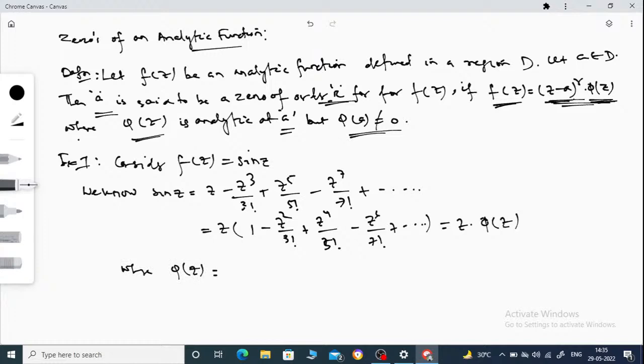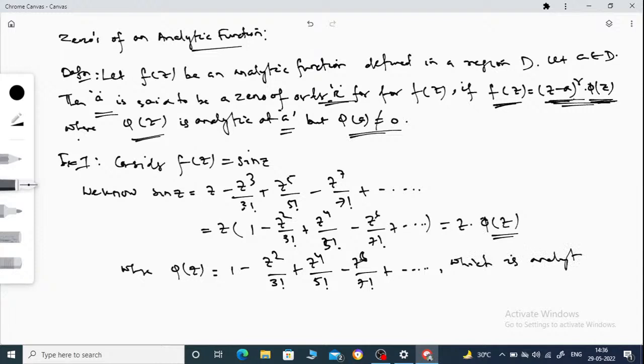So I can say this is z into a function phi of z, where phi of z is 1 minus z square by 3 factorial plus z to the power 4 by 5 factorial minus z to the power 6 by 7 factorial plus and so on, which is analytic at z equal to 0, and phi of 0 is 1, which is not equal to 0.